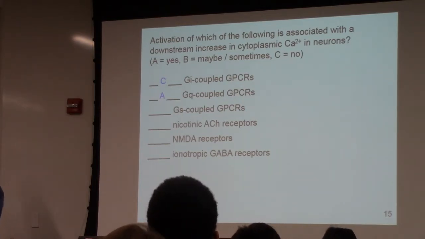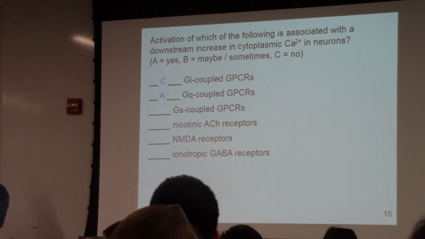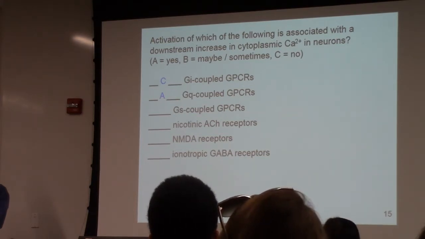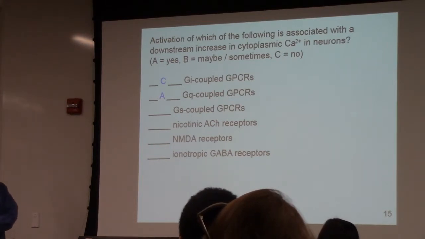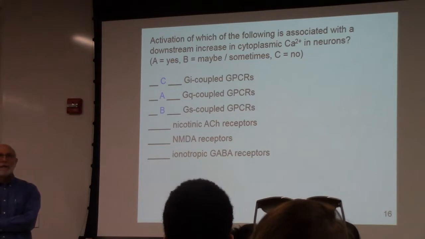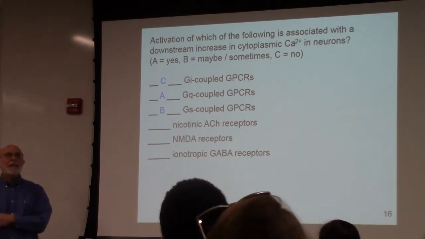Gs coupled GPCRs. I think the best answer here is B: sometimes, or maybe. Because it depends.